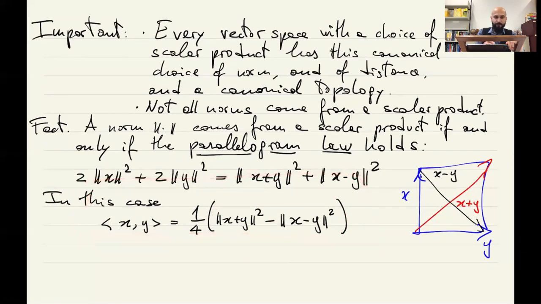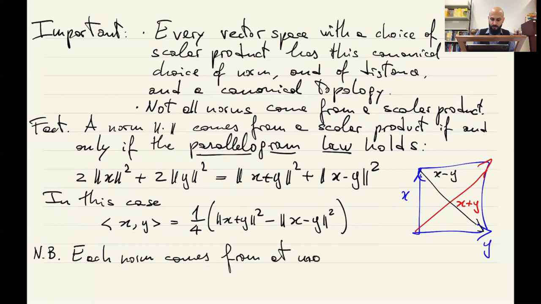So which means that if there exists a scalar product, then it's uniquely determined by the norm. So let's write it as a sentence. Each norm comes from at most, so it could be none, but if there exists one, there is exactly one scalar product.